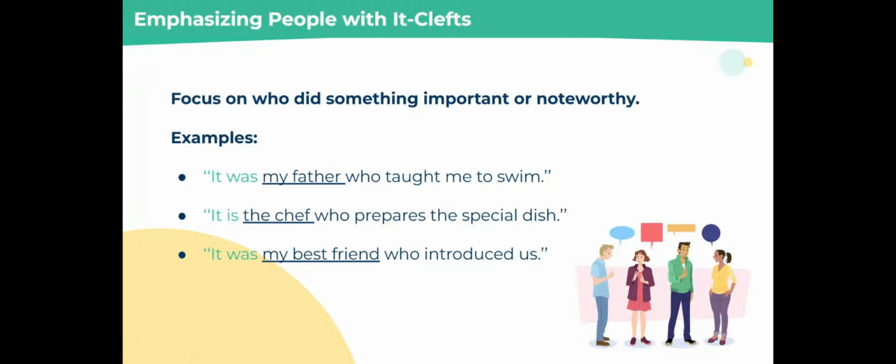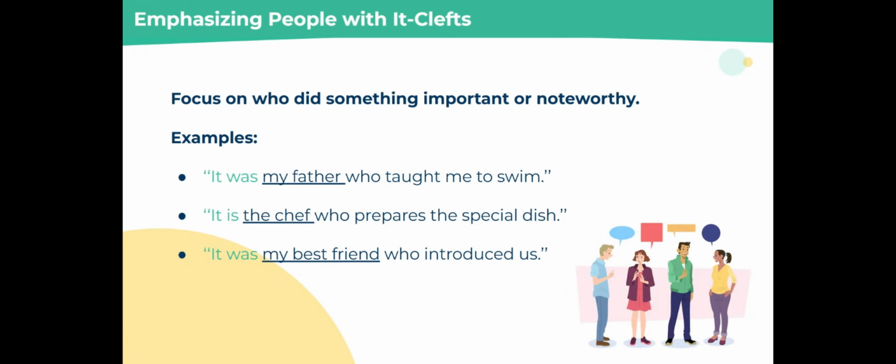So, emphasizing people with it-clefts. Focus on who did something important or noteworthy. Some more examples, of course. It was my father who taught me to swim. It is the chef who prepares the special dish. It was my best friend who introduced us.